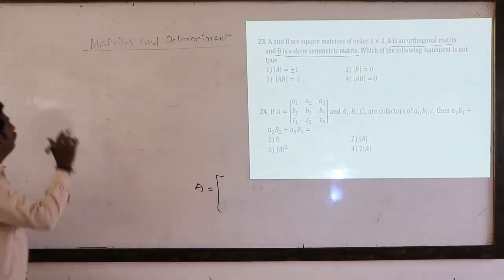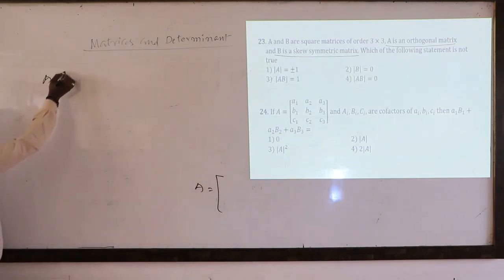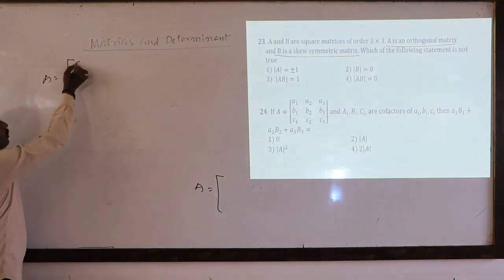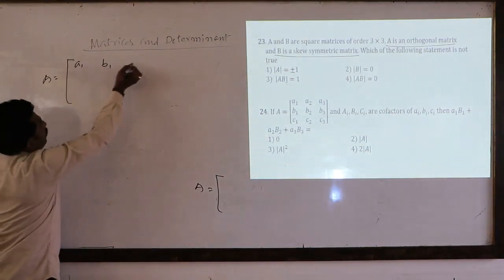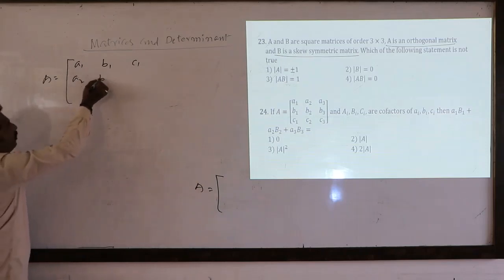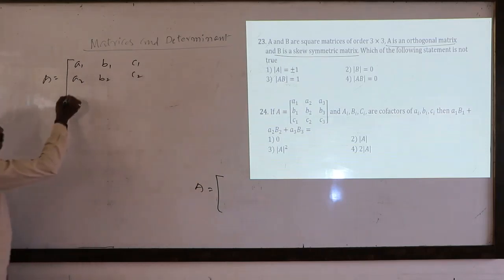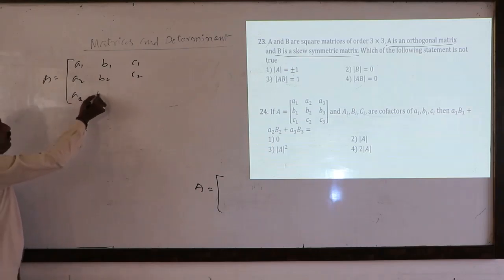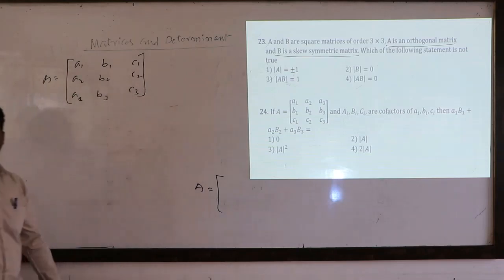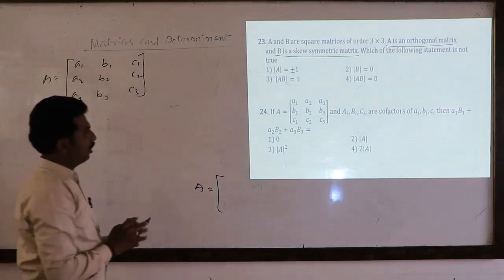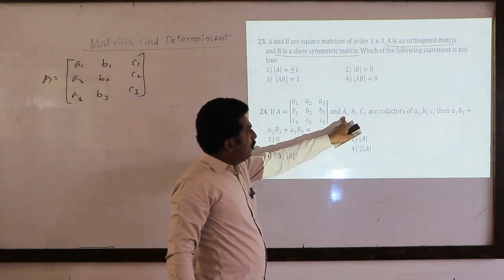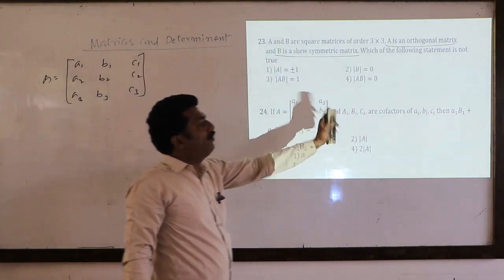First of all, A is the square matrix given. The first row is A1, B1, C1, the second row is A2, B2, C2, and the third row is A3, B3, C3. So we got a 3 by 3 square matrix. Ai, Bi, Ci mean the cofactors.